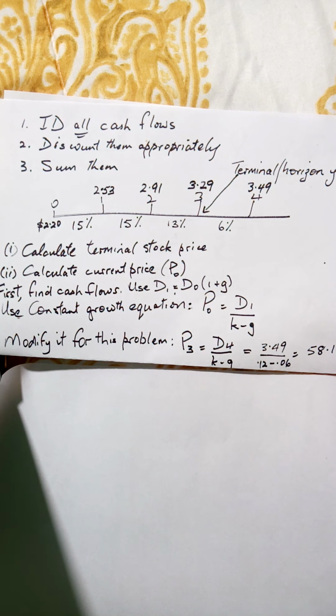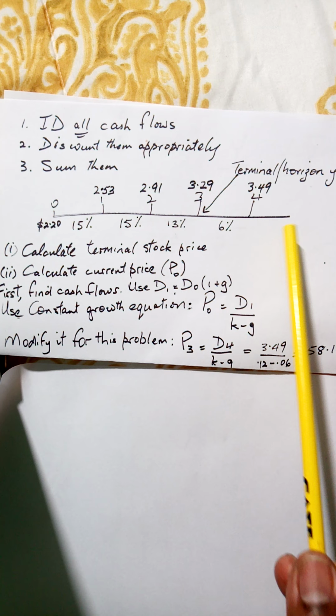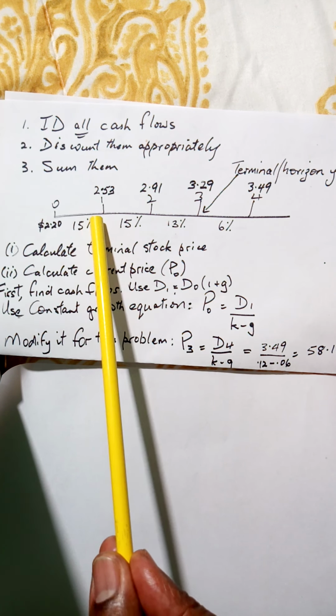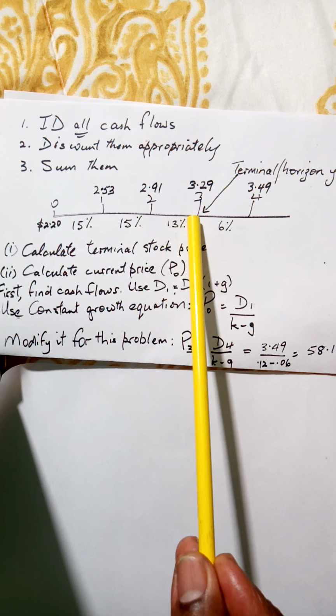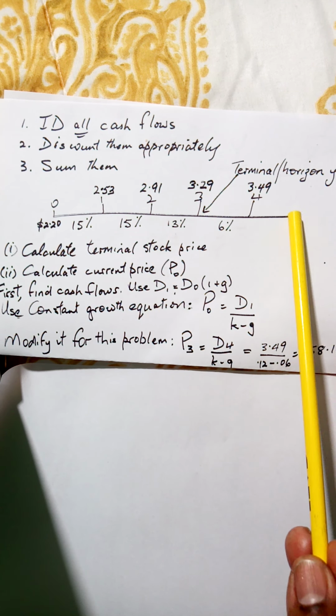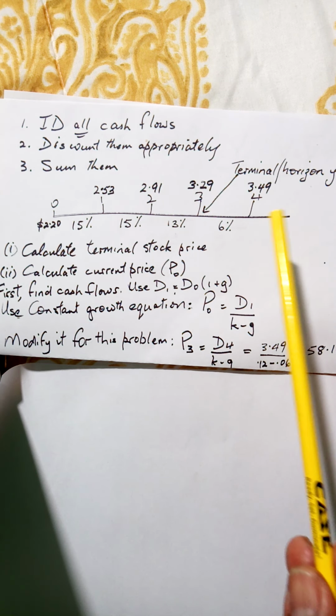The problem asks us to calculate the terminal stock price and the current price. These are two different things. So we set up a timeline. We put year 0, year 1, year 2, year 3, and year 4. You'll probably wonder why we don't have year 5 and 6 and 7 and so forth. It will become clearer why we stopped at year 4.